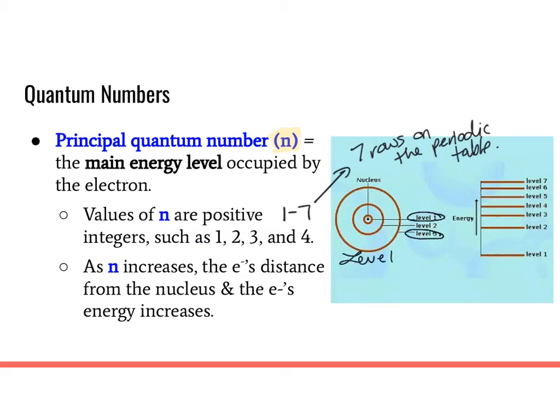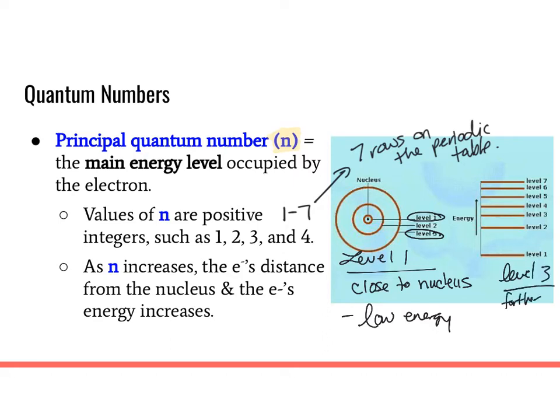Level 1 is close to the nucleus, low energy, versus level 3, farther from the nucleus, therefore they have higher energy. So that's our first quantum number, the principal quantum number, which literally is just identifying which shell the electron is in.